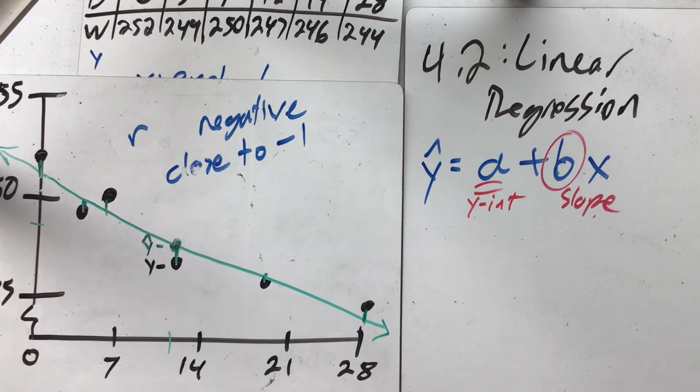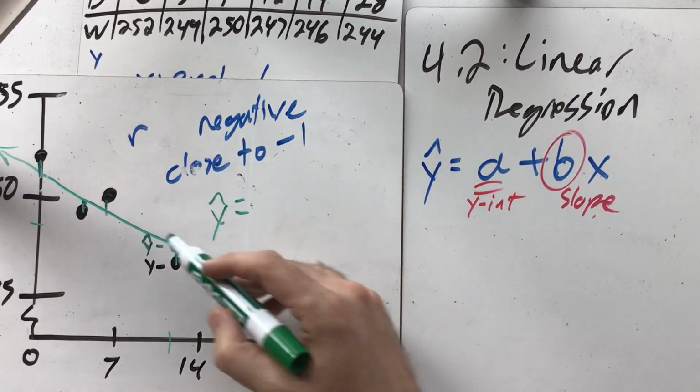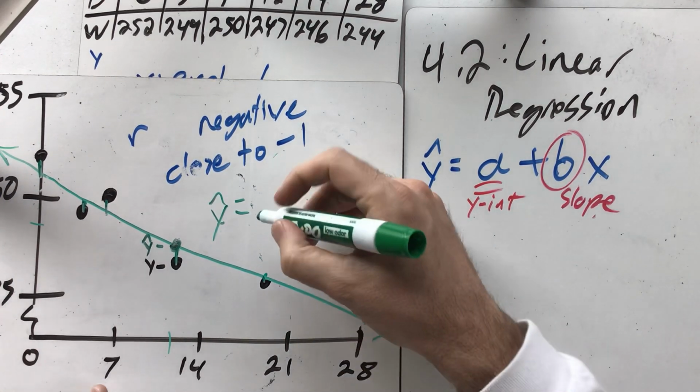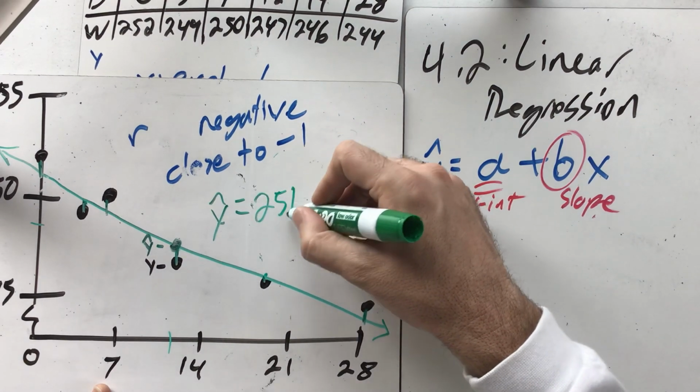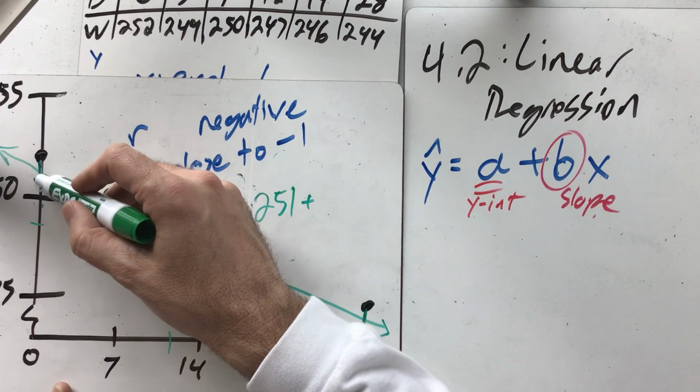So if I were to look at this line, I could just make an approximation of the line. It looks like my y-intercept is at 250, maybe somewhere around 251. And then my slope, let's look at what happens. I'm going to start at 251.